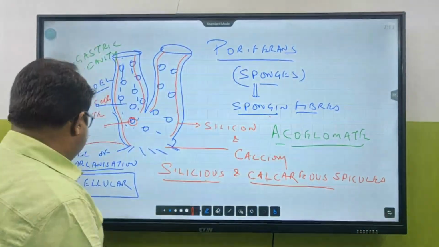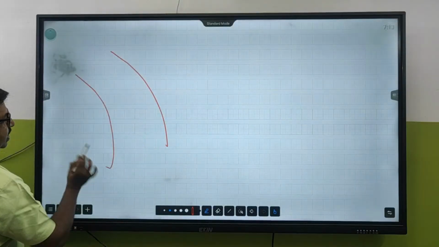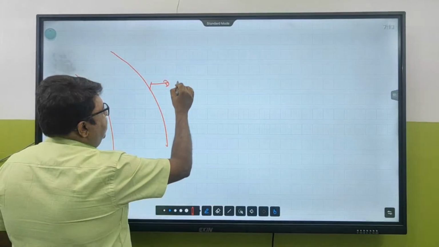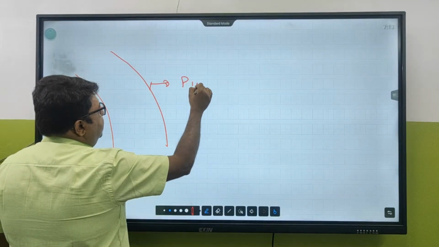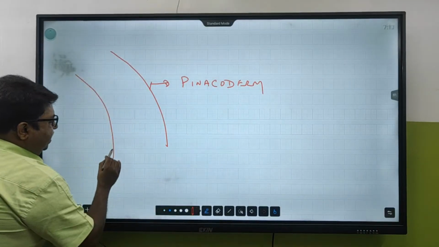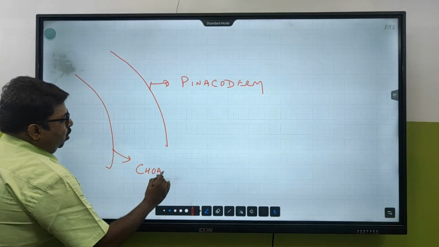And if you just see the outer structure, this is the outer layer of the poriferans. The outer layer is made up of pinacoderm, and the inner layer is a dermal layer called choanoderm.